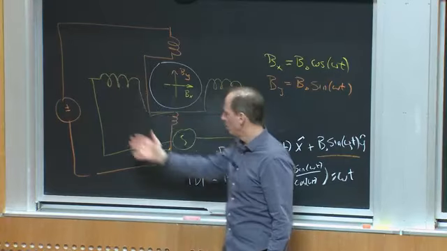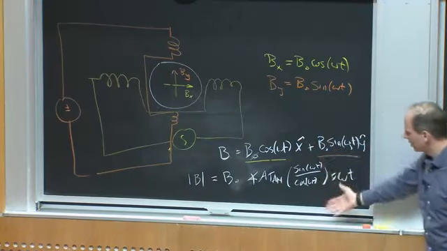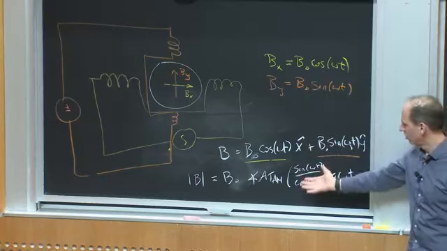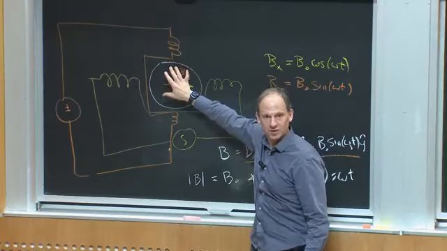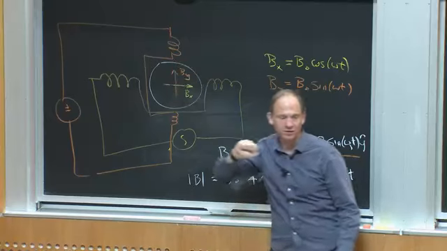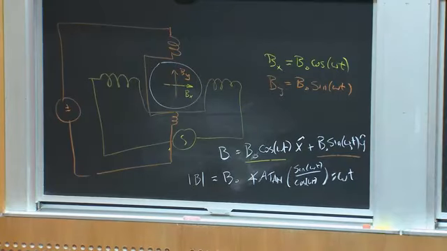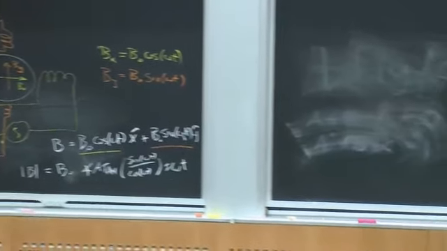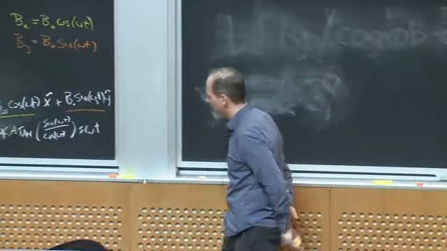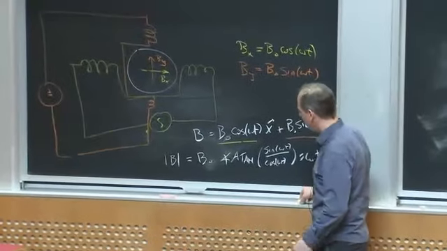All right? So this concept of using spatially and time orthogonal signals to generate a rotating magnetic field, the first person who really made it practical and used it for practical purposes was Nikola Tesla, and that's the first thing that made him famous. This is how you can build AC machines, okay?